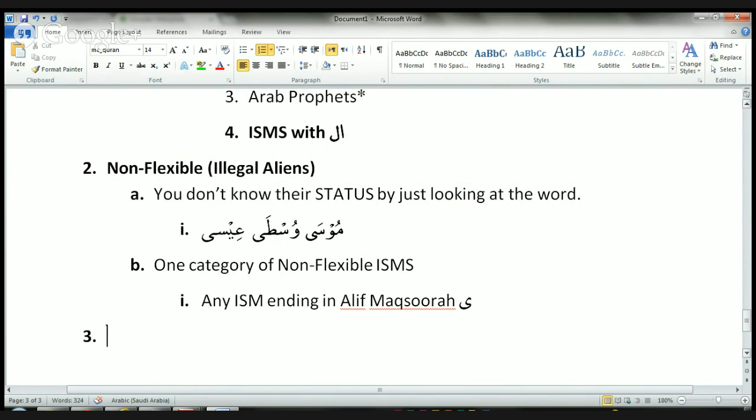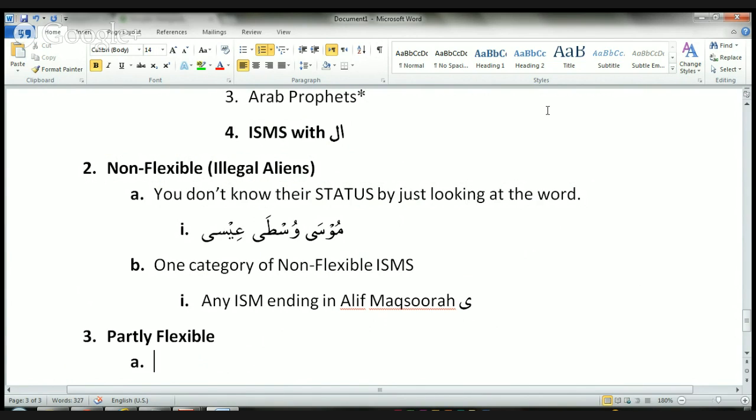Third category. Now this is where it gets tricky. What did we define the fully flexible ism as? It gets tanween. Now I'm going to make it even more inclusive.